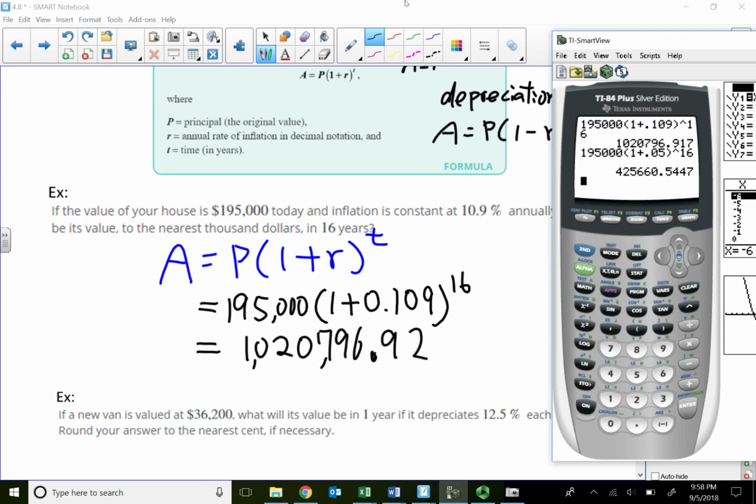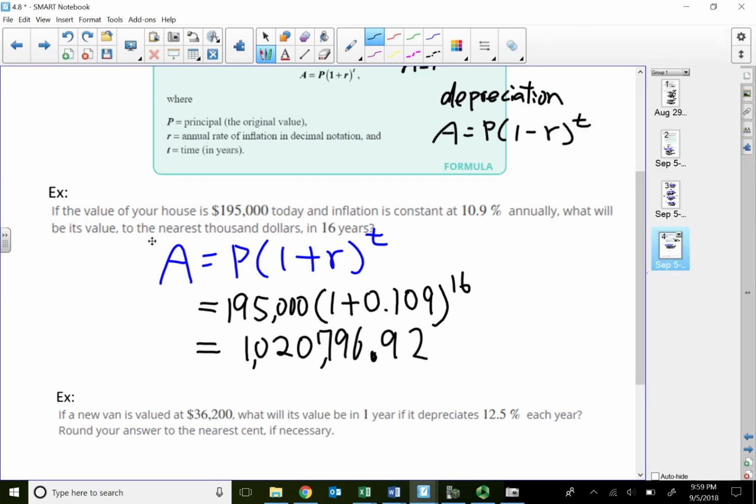All right, so this problem wants me to round to the nearest $1,000. So $1,000 is this zero right here. The 7 will make my 0 go up to a 1. Everything else in front of it stays the same. Everything behind it becomes 0. So that will be $1,021,000.